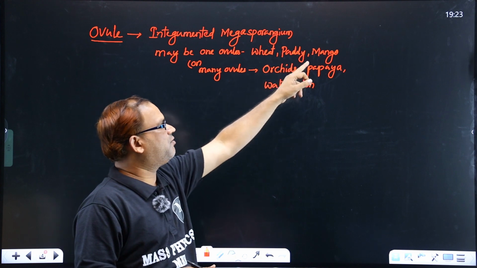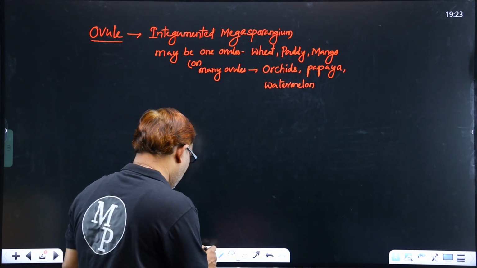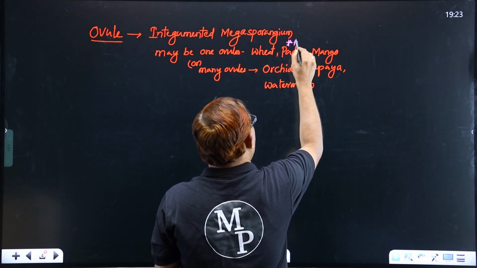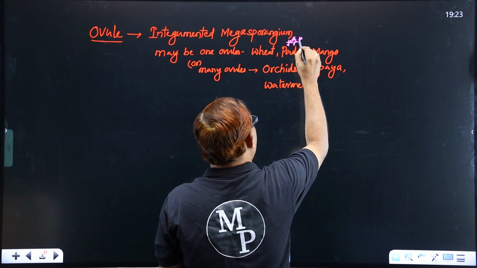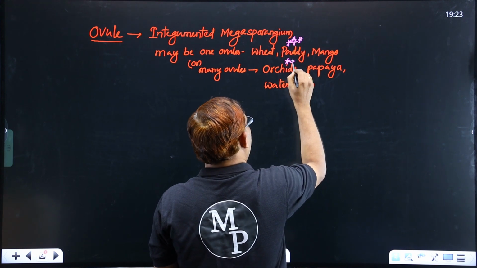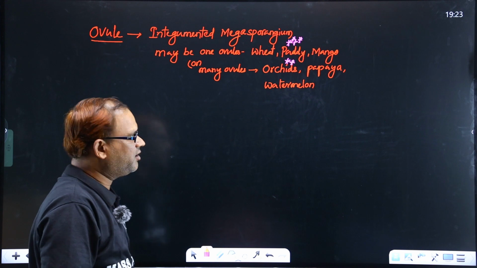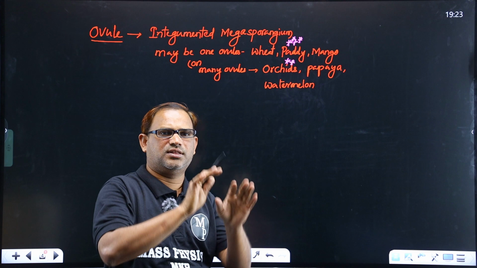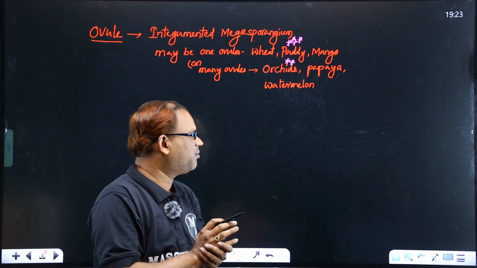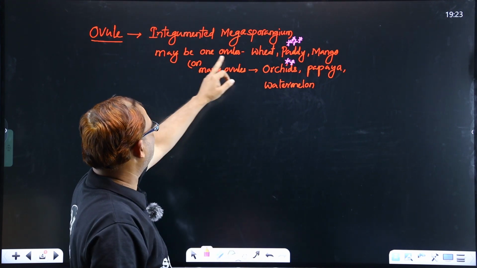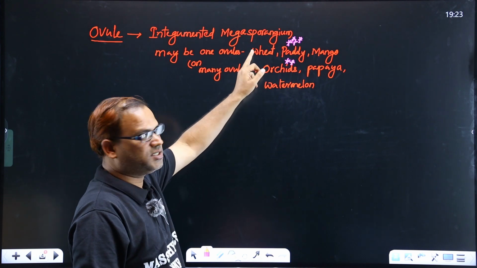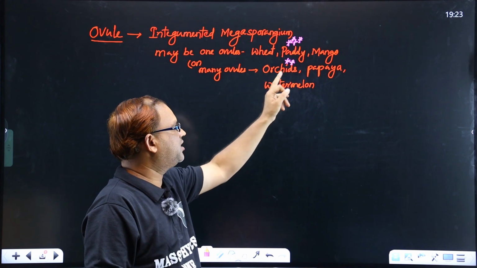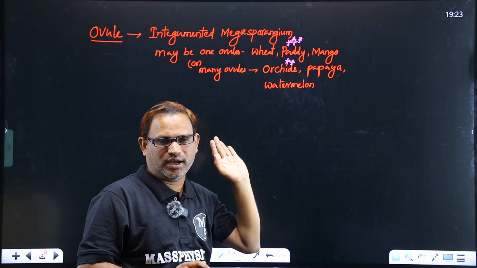Concentrate on these examples because NCERT gives them, so this is a questioning area. I already told you about apocarpous and syncarpous, with diagrammatical representation in the examples. So, one ovule examples are wheat, paddy, mango. Many ovules examples are orchids, papaya, watermelon. Clear now?